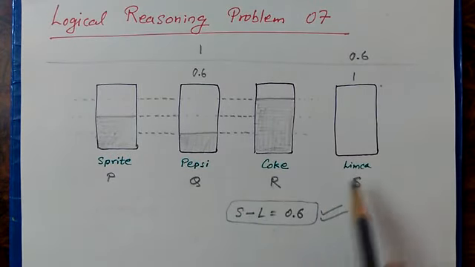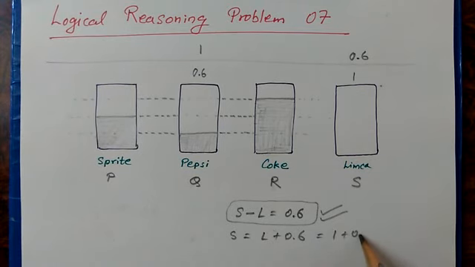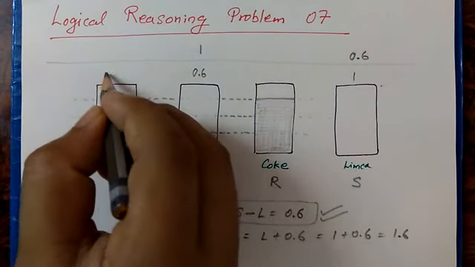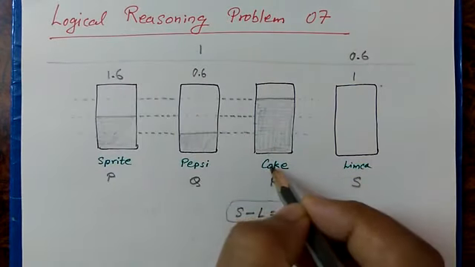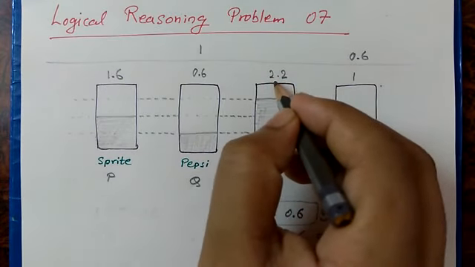Here from Limca, if we put Limca as 1 here, then for this data we are having Sprite as 1.6 and the Coke which is left is 2.2, because it is mentioned in the question.